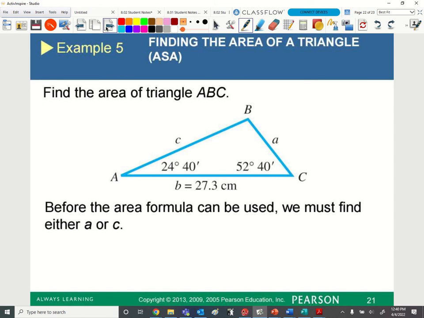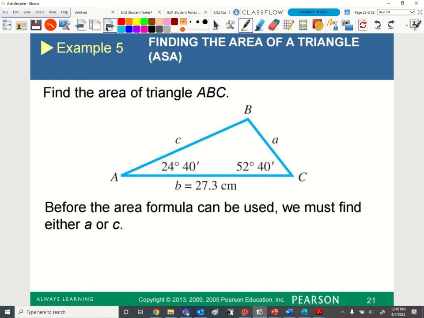Example 5. Now, there's a problem with this one here. I'm only given one side, so that means I'm going to have to find a second side. All my formulas had two sides, two small letters, and one big letter, right?